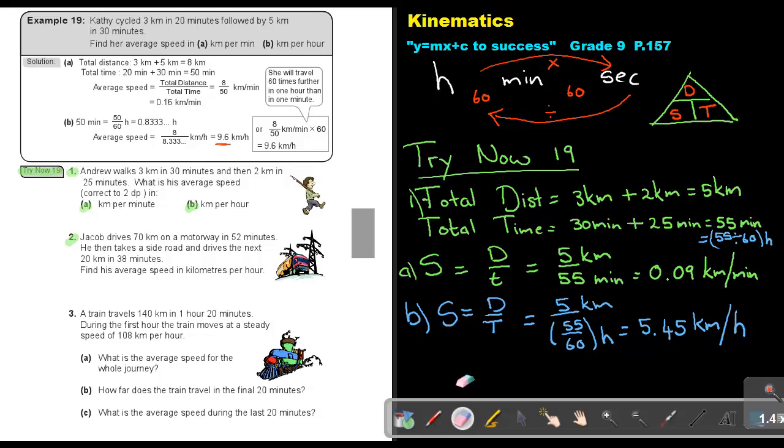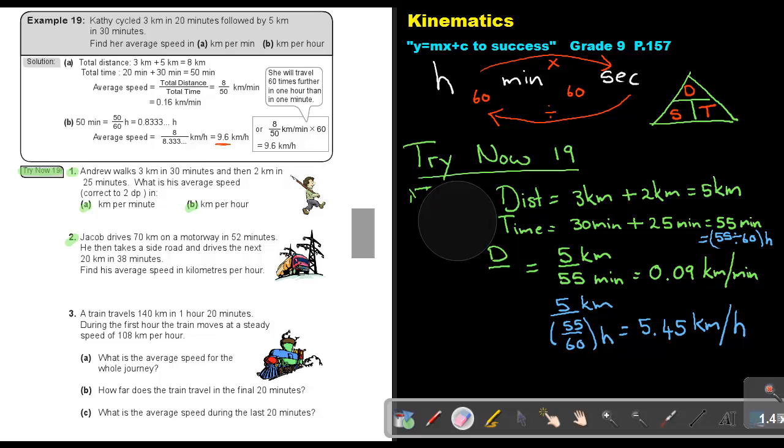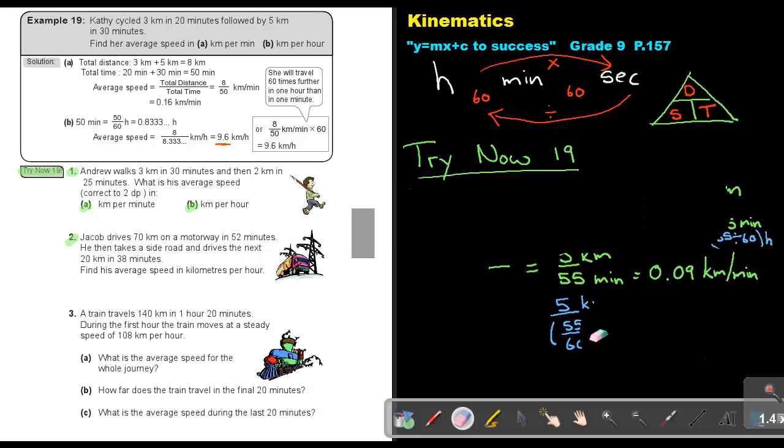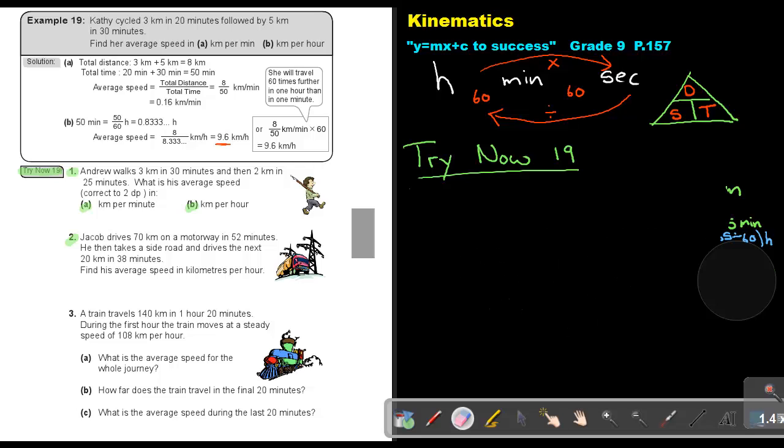Okay, let's go to number 2. Let's just make space. Number 2. Jacob drives 70 kilometers on a motorway in 52 minutes. He then takes a side road and drives the next 20 kilometers in 38 minutes. Find his average speed.